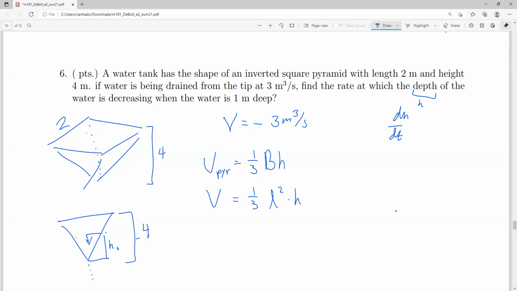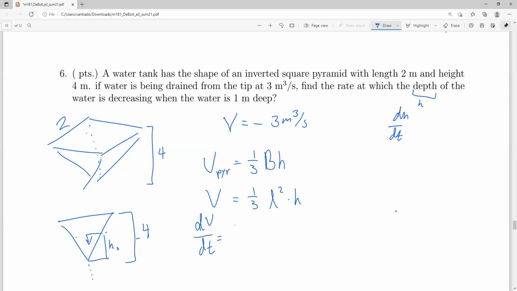So that's our volume. And in this case, what we want is the change in height. So we're going to take the derivative on both sides.